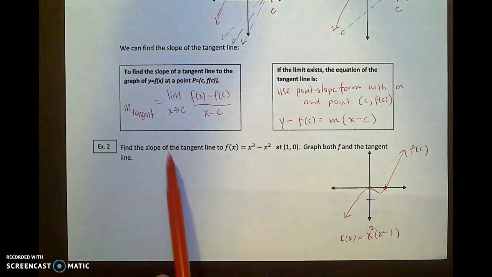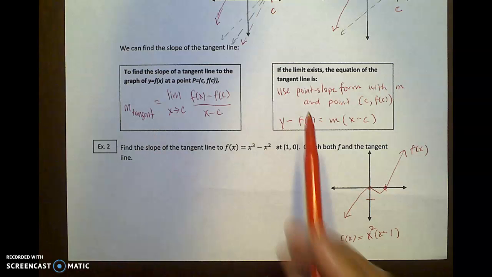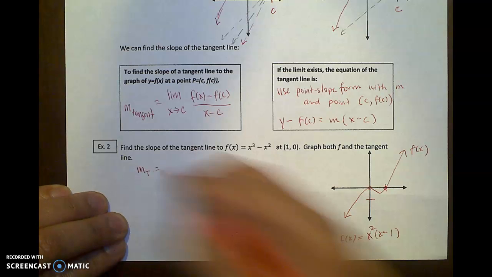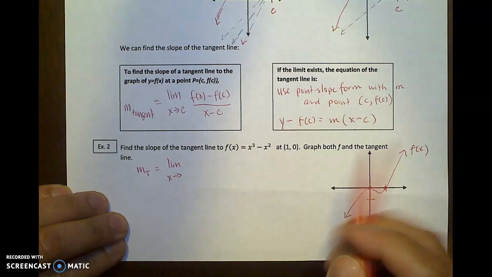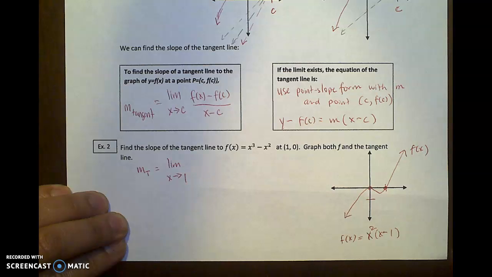To find that slope, we're going to use this formula. We write it as the limit as x approaches c. Our c value in this case is 1, so x approaches 1.